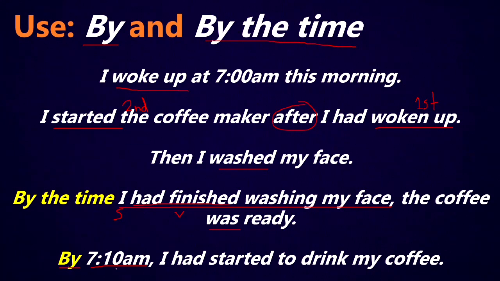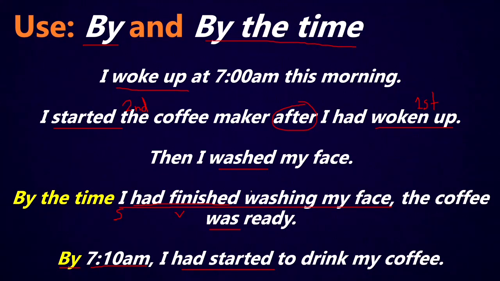And I don't say by the time 7 a.m. I just say by 7:10 a.m. So by 7:10 a.m. I had started to drink my coffee. Here I'm using the past perfect, had started, to compare it to 7:10 a.m. This one happened first, and I'm saying that it happened by 7:10 a.m. in the morning.